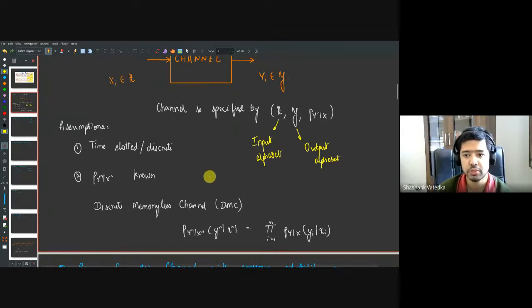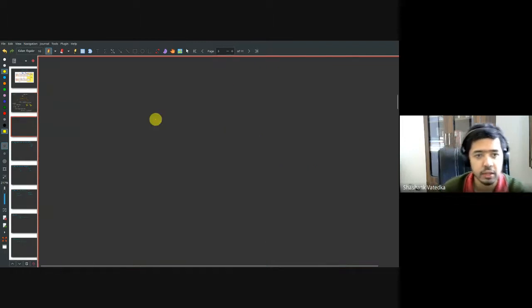We will assume that the way the channel acts on the input symbols is independent across time. So each xi is corrupted to give a particular yi, and each xi is in some sense corrupted independently of the other xj's.